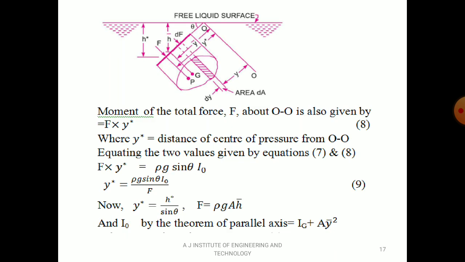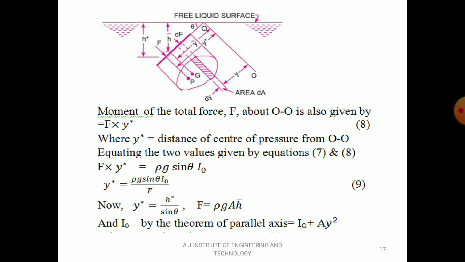Force into distance, that is a moment. So F into Y star, where Y star is the distance of center of pressure from OO. Equating the two values given by equations 7 and 8, according to principle of moments, F into Y star equal to rho g sin theta into I naught. So we can get the expression for Y star as rho g sin theta into I naught divided by F. Take it as expression 9.